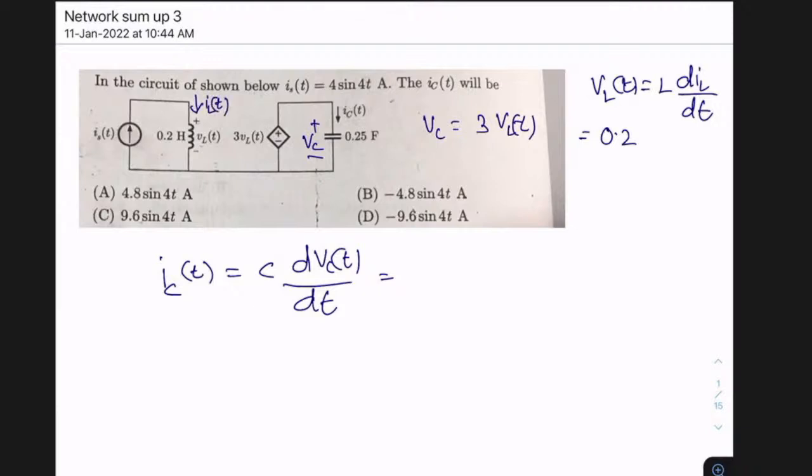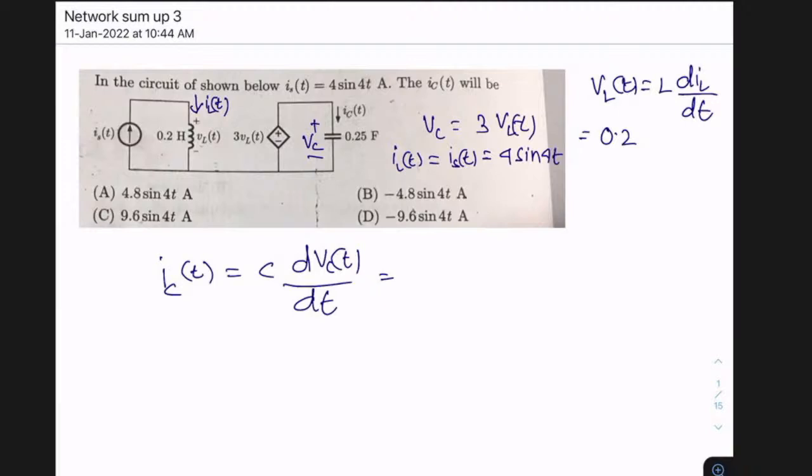Your I_L(t) is equal to I_S(t), and that value is nothing but 4 sin 4t. So you have to substitute this value in these equations.